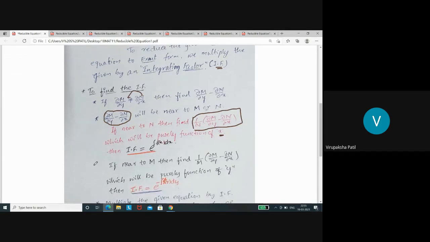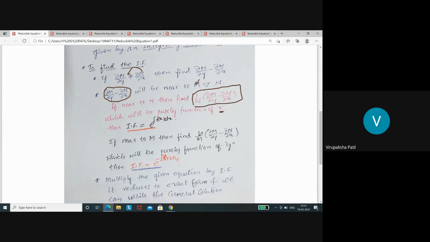This is one case. Or sometimes what happens, after finding this difference, it is near to the coefficient of dx, that is, near to M. So in that case, we will find the quantity 1/M into (∂M/∂y minus ∂N/∂x).